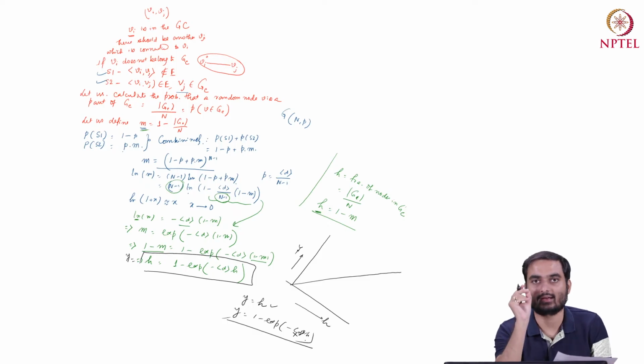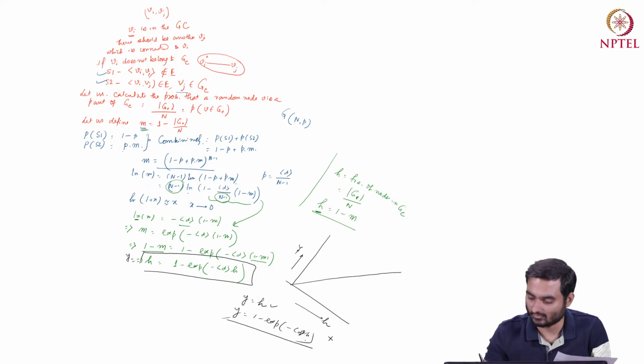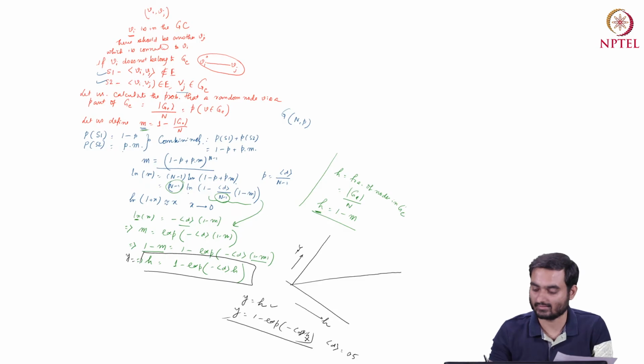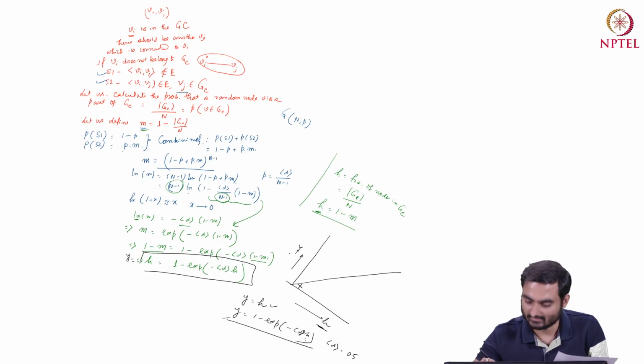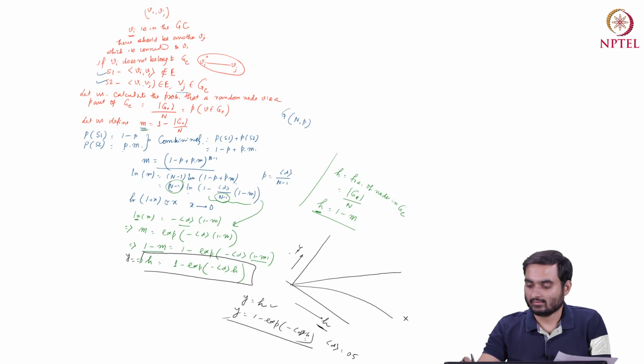So let us fix a value for mod d. Let us say mod d, the average degree, is 0.5. If average degree is 0.5, then we vary h and we will get y. If you do that, you will see that it looks like this. Here this is mod d equals 0.5.